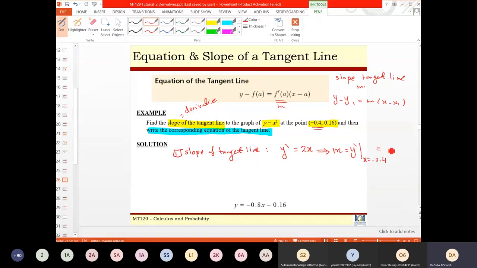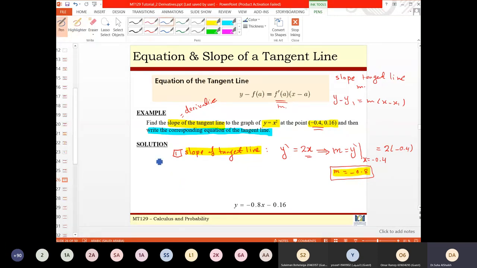So this equal to 2 times minus 0.4. So actually my m is minus 0.4. Multiply with the 2, it will be minus 0.8. And this answers number 1, I got the slope of the tangent line. It's equal to this.